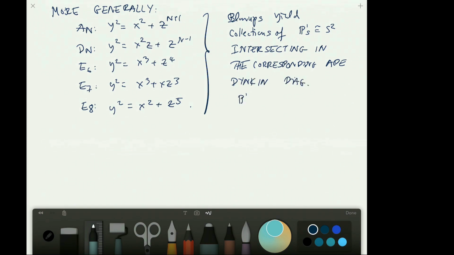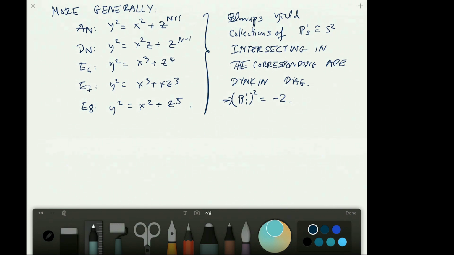And one other thing that's a corollary of this is that the intersection matrix is always minus the Cartan matrix. P_i squared is always minus 2. And that comes from the fact that you really should be thinking of these P_is as the simple roots of these Lie algebras.